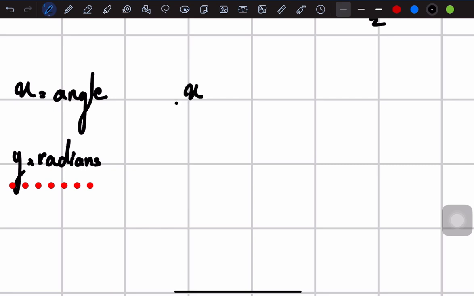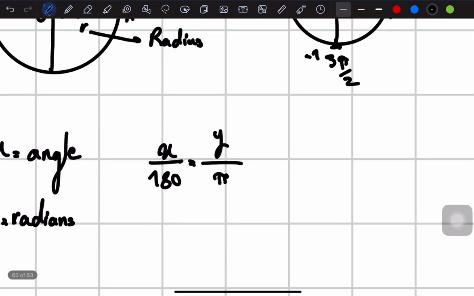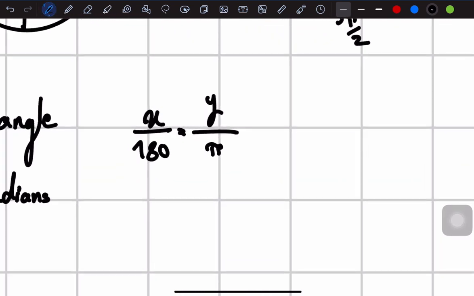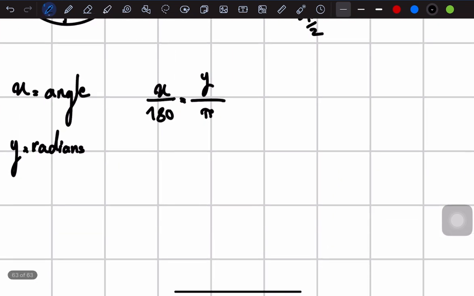We say the angle over 180 is equal to y over pi. It makes sense, because when this point rotates to here, it rotates exactly 180 degrees, which is equal to 1 pi. So we equate 180 to pi, and that's how we convert these.